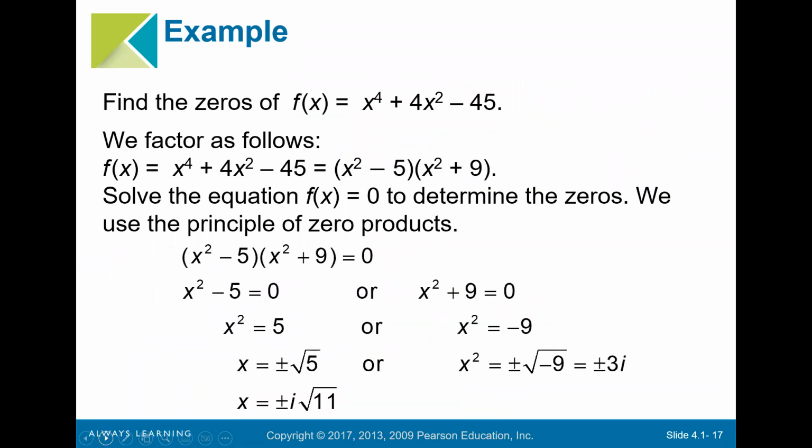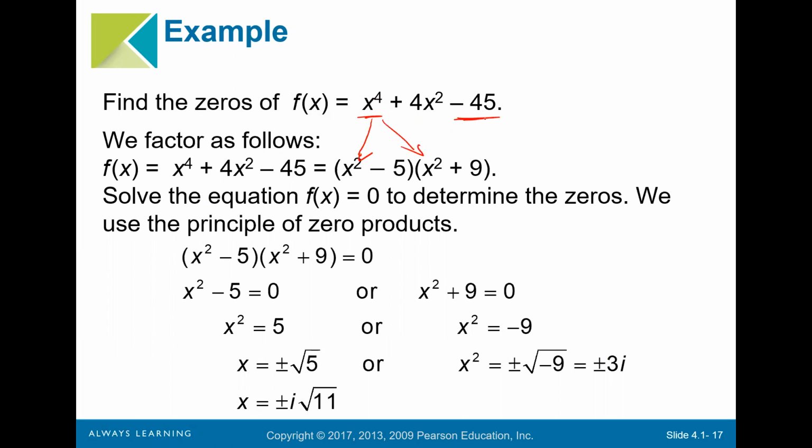All right, this next slide shows you how to factor it. This one here was a little bit more work. What I knew is that x to the 4th is even, and I know 2 plus 2 is 4. So I know that I can lead off each parenthesis with x squared.